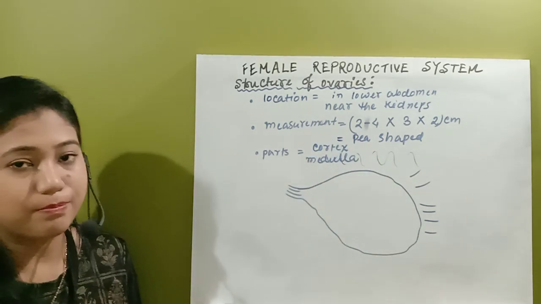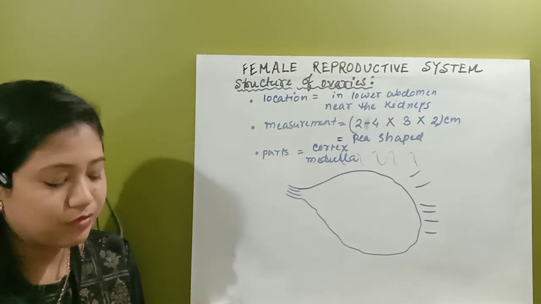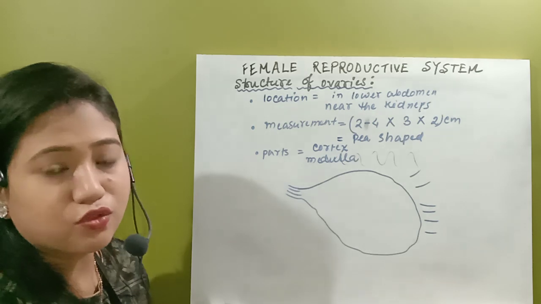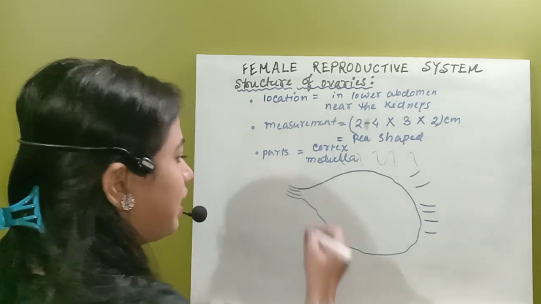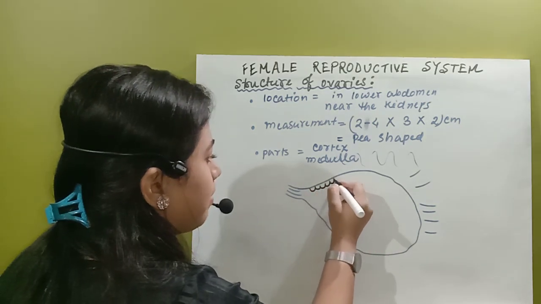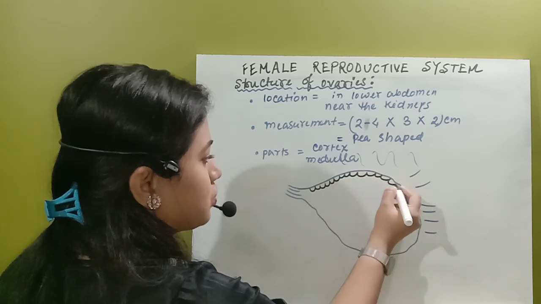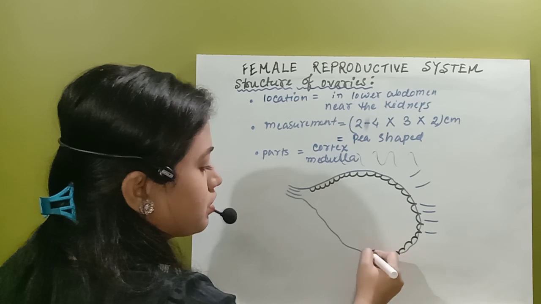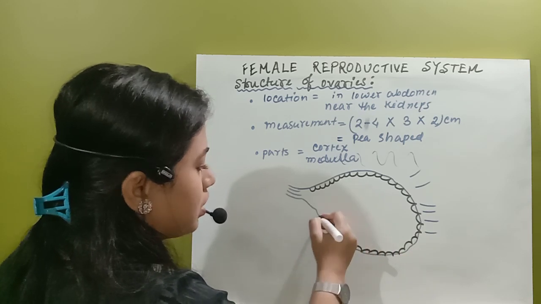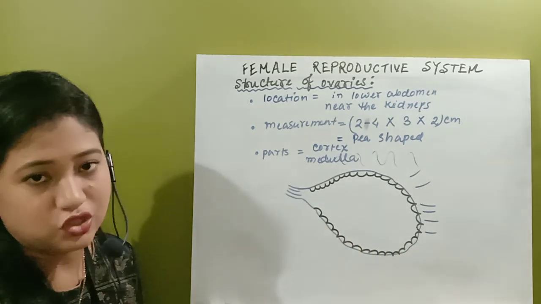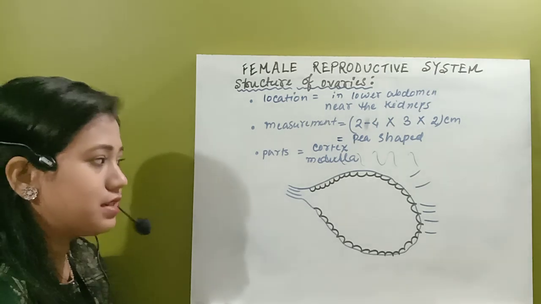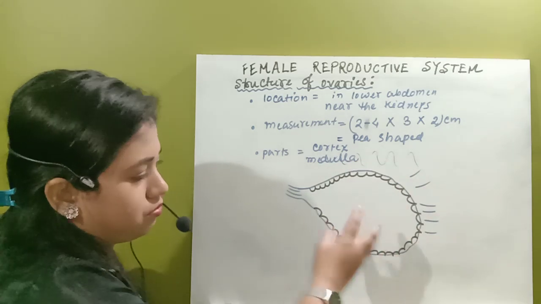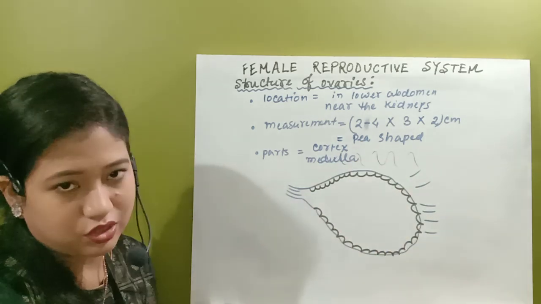So the different parts are cortex and medulla. The outermost cortex region has one type of cell, known as cuboidal epithelium. It is a simple layer, a single layer, so it is simple epithelium and the shape is cuboidal. This is the germinal epithelium. And it has the tunica albuginea, present on the cortex region.